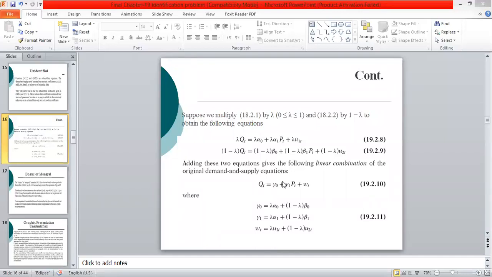So the crux of this is, if an equation is to be identified, it must be distinguishable from the bogus equation. But here, both equations are unidentified, because both the demand equation and the supply equation are indistinguishable from the bogus equation. So both equations are unidentified.